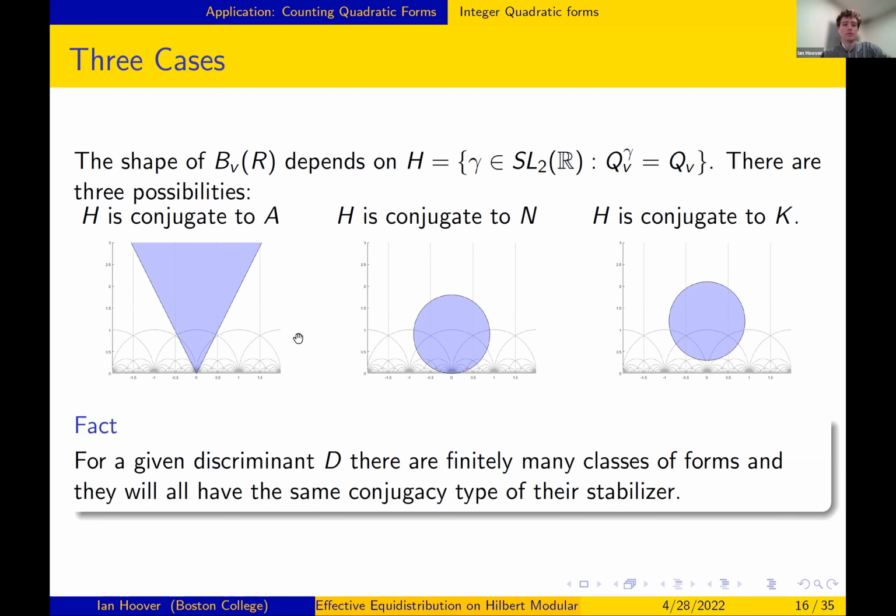So for a given discriminant, the different classes of forms are going to have conjugate stabilizers. So only one of these pictures will apply. And if the discriminant is a square, then it's exactly the H is conjugate to A situation that we have. And so now for the SL2Z case, this has all been resolved.